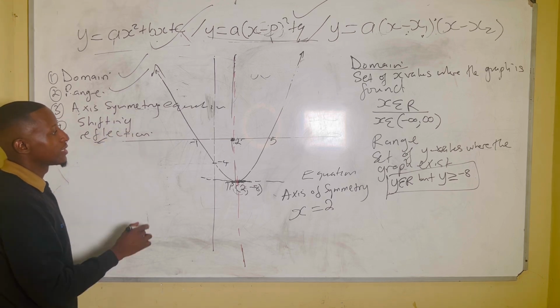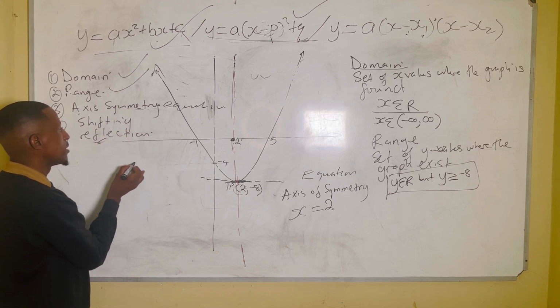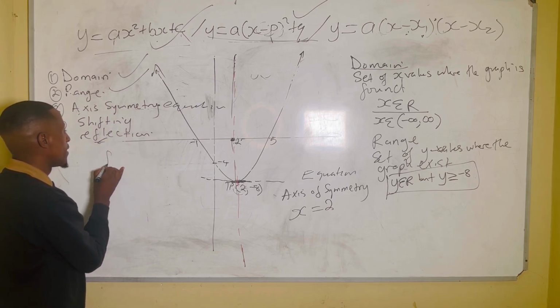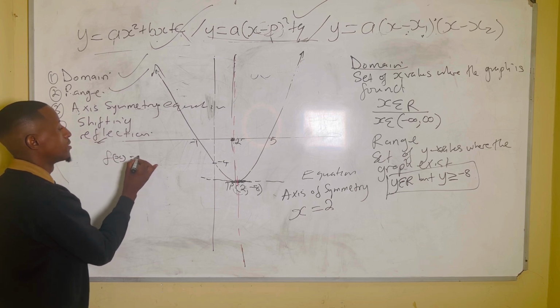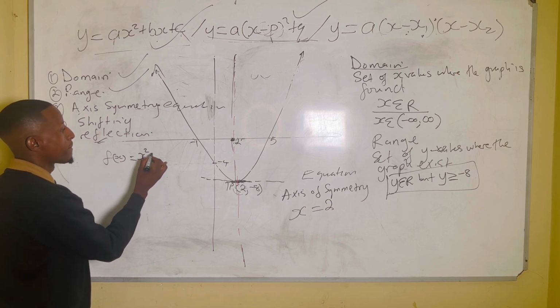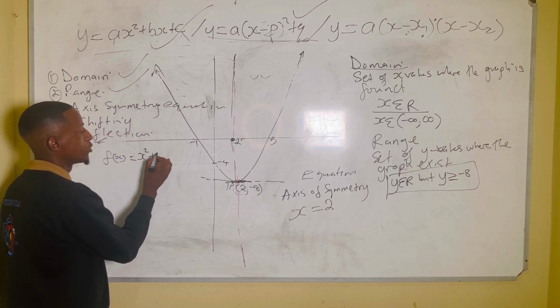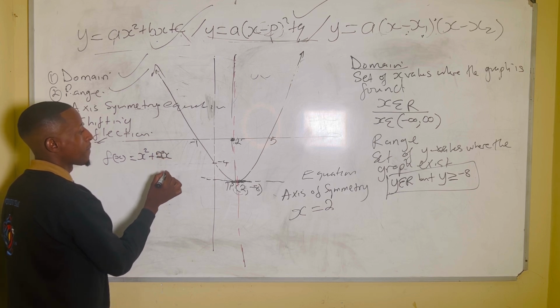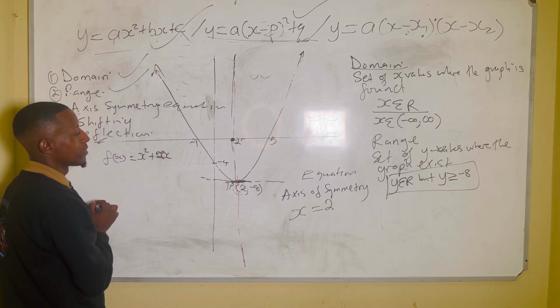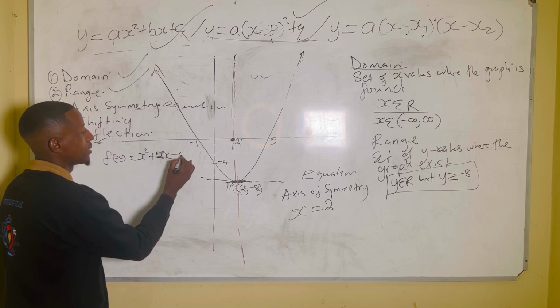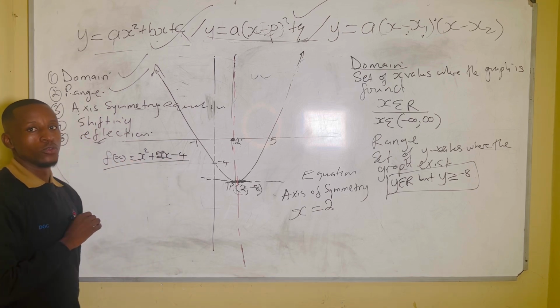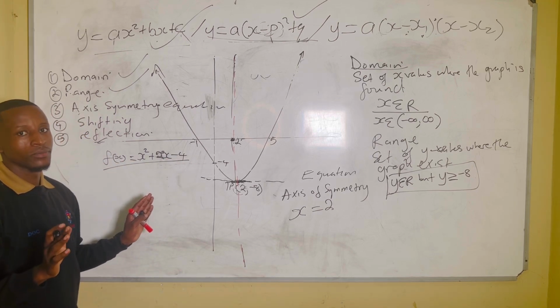Let's assume the equation of this graph is given by f of x equals x squared plus 2x minus 4. Just an assumption.